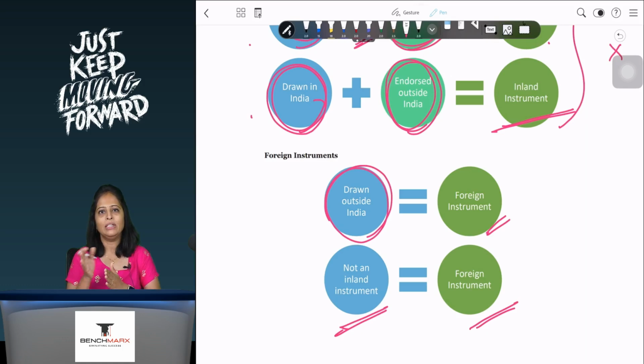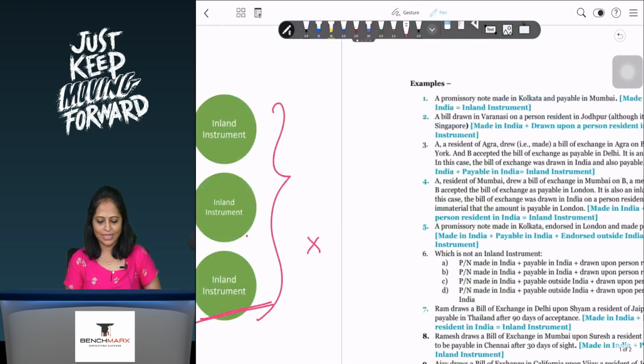There are three conditions. First, the drawer is in India, the drawee is also in India, then inland. Drawer is in India, the payee is in India, both of them are in India, then again an inland instrument. Correct? Anything that's not an inland instrument will be called a foreign instrument. Is that clear? Okay, now let's see some examples.